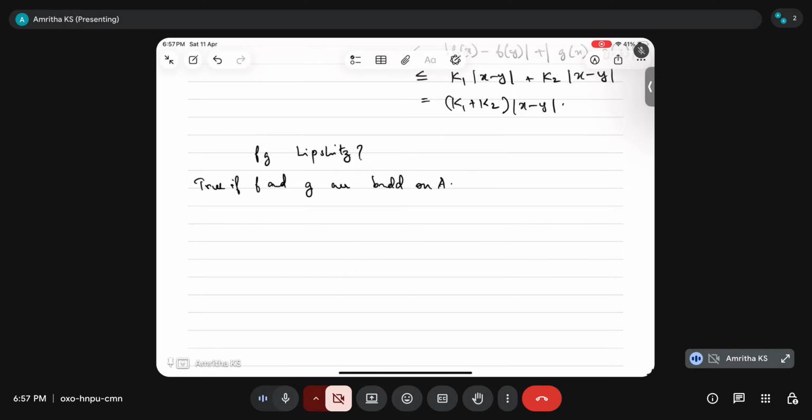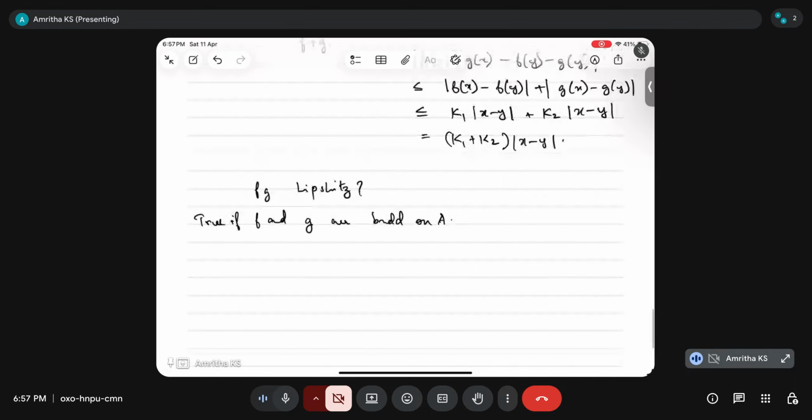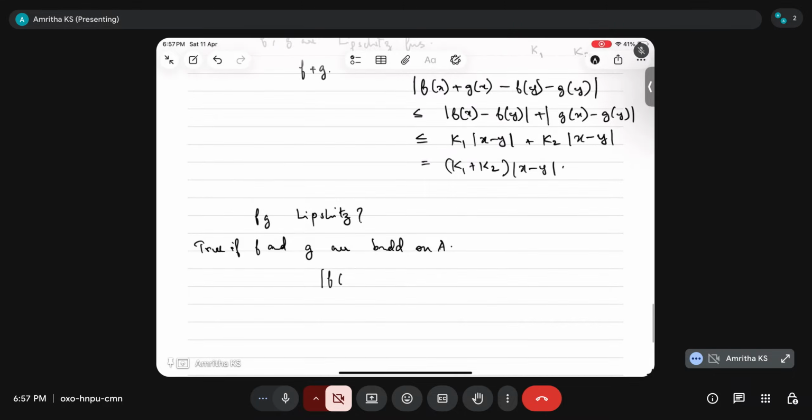For this, it is just to use some inequalities, the same kind of things as we saw for convergence of functions.